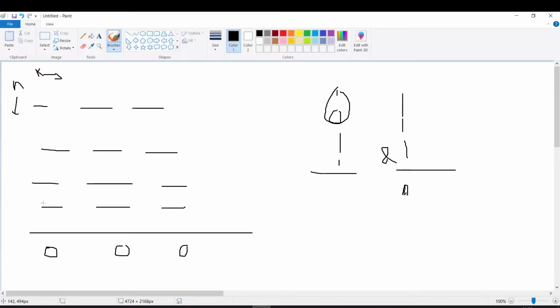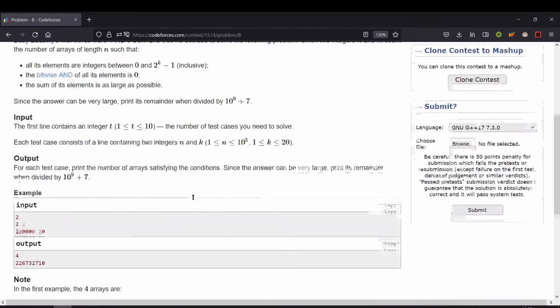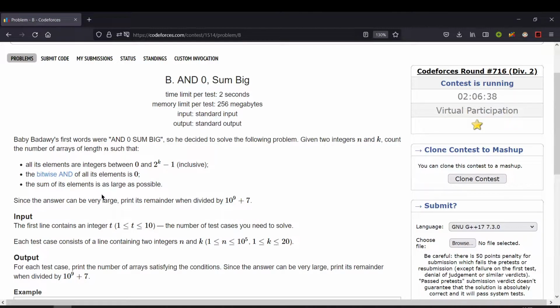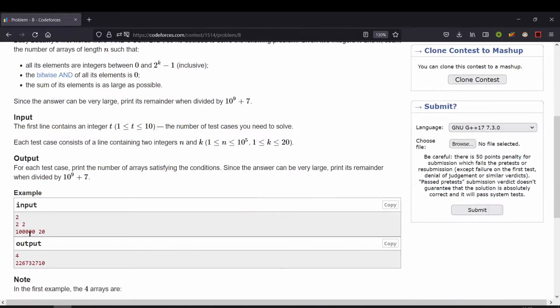So if it has n bits, then, okay, I think there's a problem of combinatorics, because there can be many other possibilities, right? What are they asking? Count the number of arrays of length n such that... so we just need to count the number of arrays.